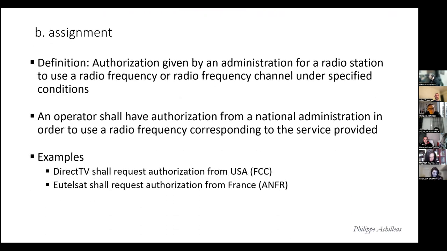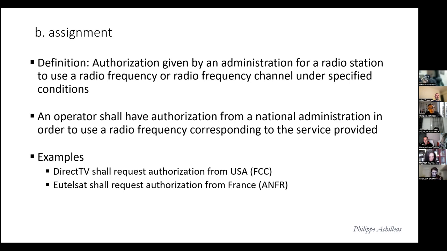The second step is the authorization. The principle is that before starting to use a frequency, you need, as an operator, to have an authorization given by a national administration. The authorization is called assignment.